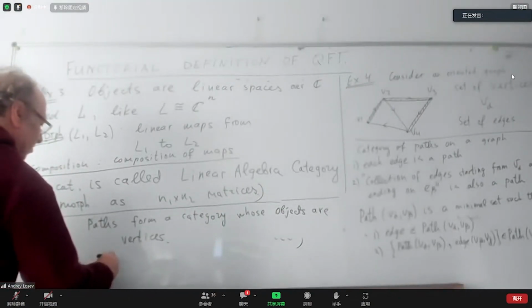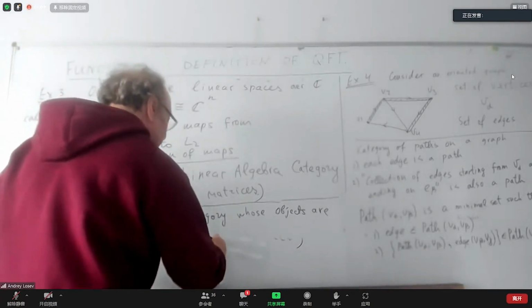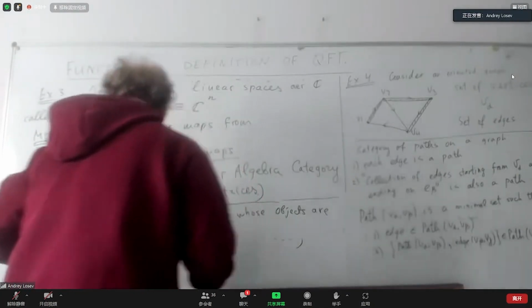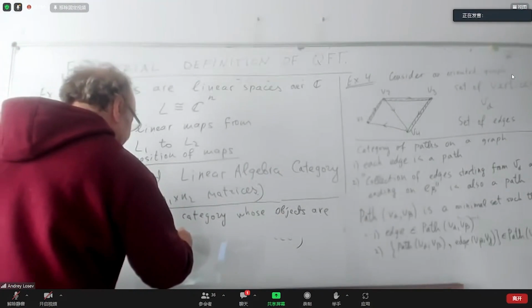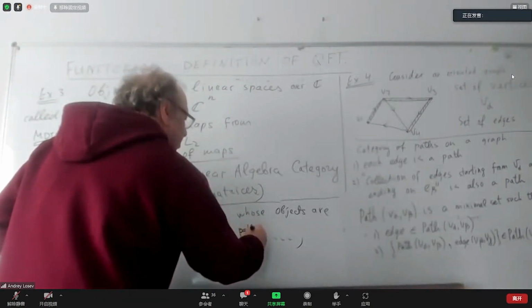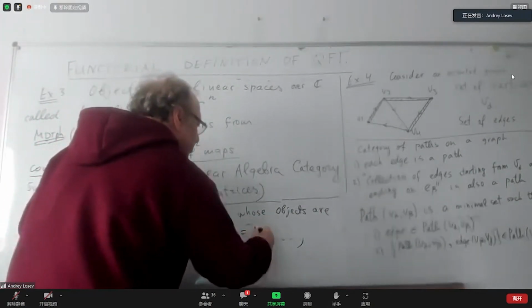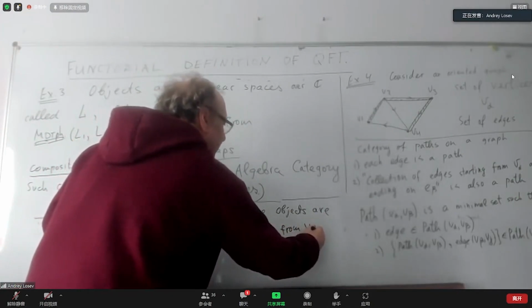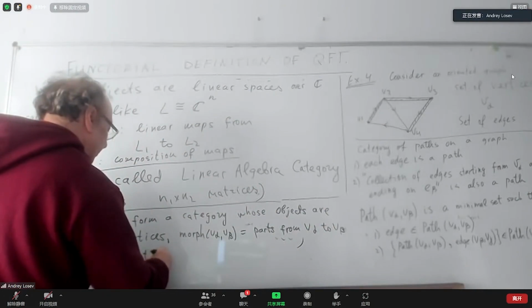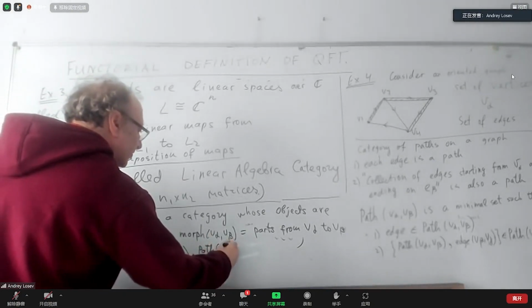Exercise. Check that composition, that is, oh, it's obvious, not an exercise, forms a category. Objects are vertices, morphisms are paths. Morphisms V_alpha V_beta are paths from V_alpha to V_beta, and also composition. When I have a path V_alpha V_beta, then I write a comma, and here I put a path V_beta V_gamma.